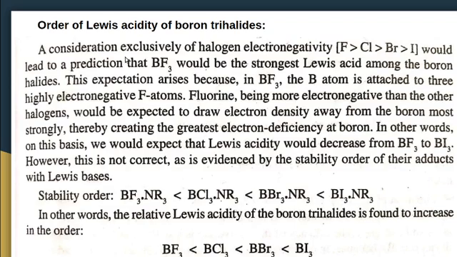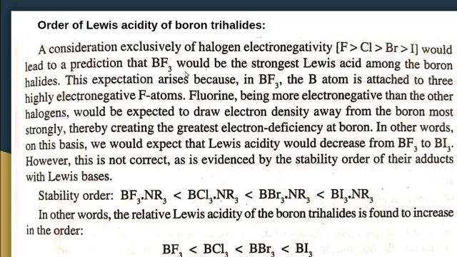A consideration exclusively of halogen electronegativity: fluorine has high electronegativity compared to other halogens, which would lead to a prediction that BF3 would be the strongest Lewis acid among the boron halides.